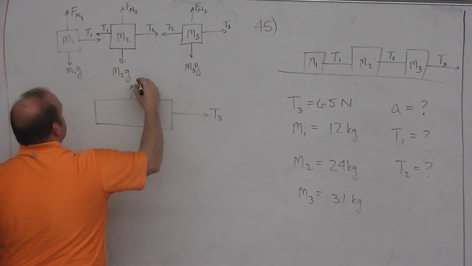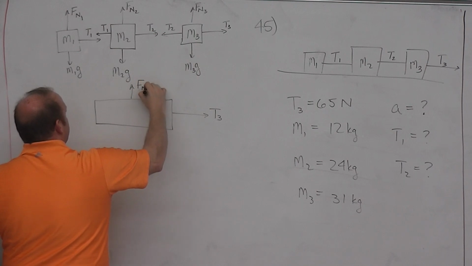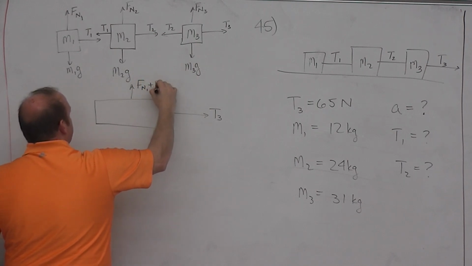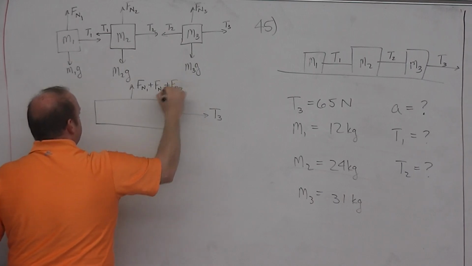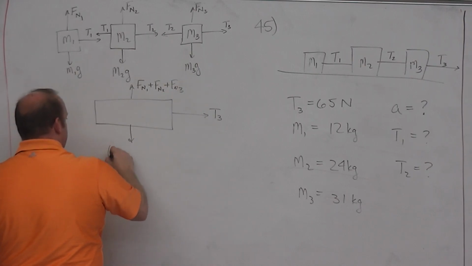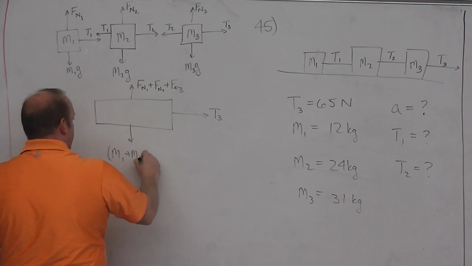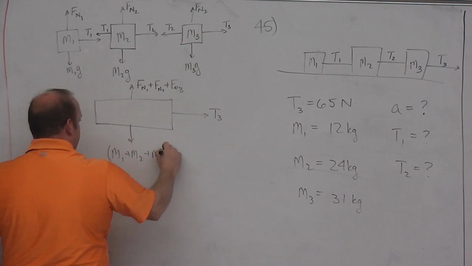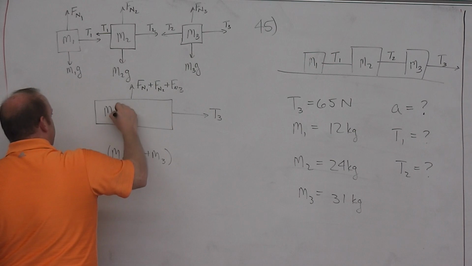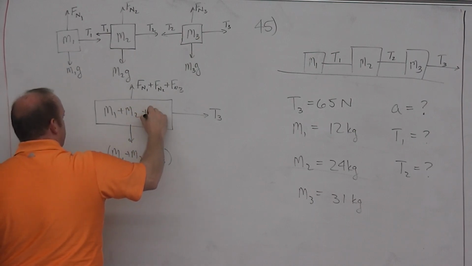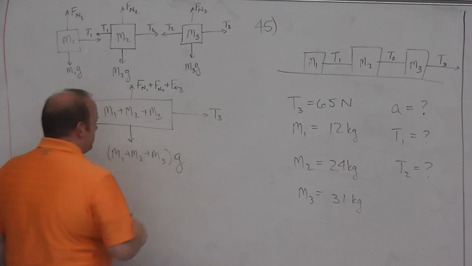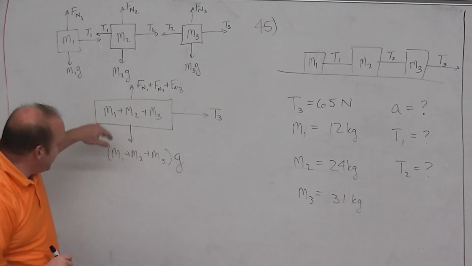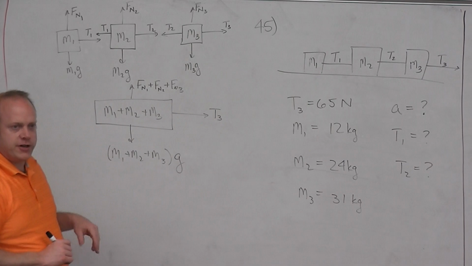I've got normal force 1 plus normal force 2 plus normal force 3. These cancel each other out. I've got M1 plus M2 plus M3 going down. This whole system is M1 plus M2 plus M3 times g. Okay? So these two cancel each other out.